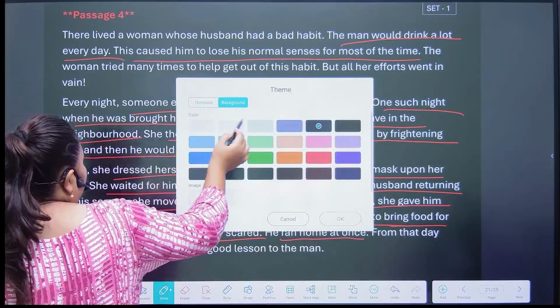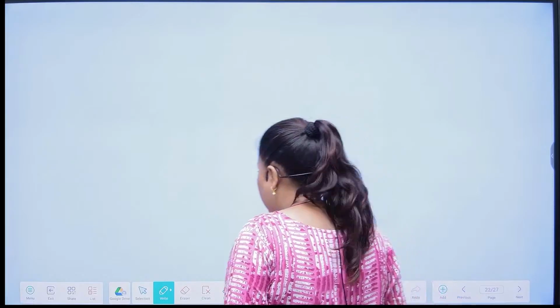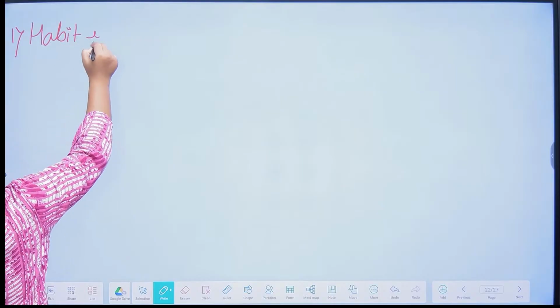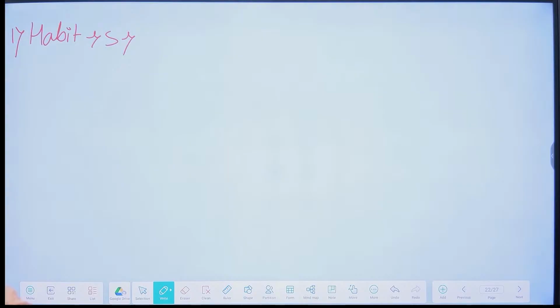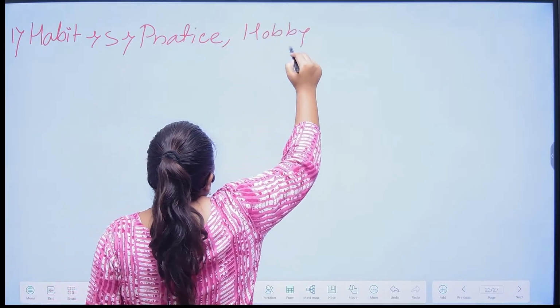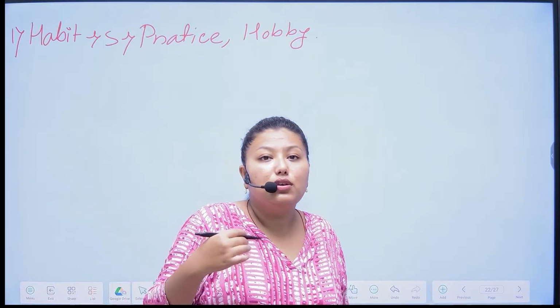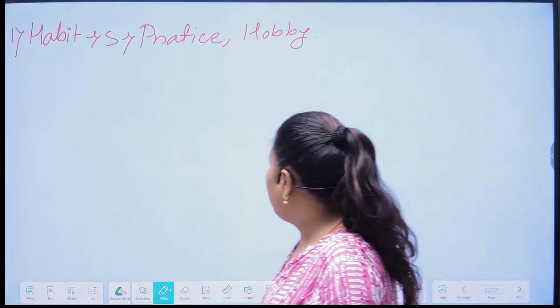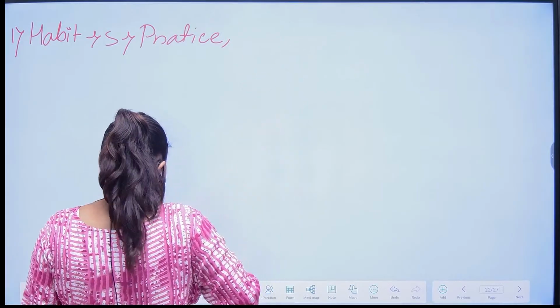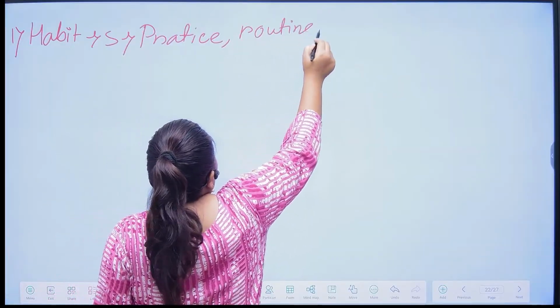Now we will learn some synonyms and antonyms from this passage also. The first word is habit, and the synonyms of habit are practice and routine, something which is in your routine, what you do every day, right?